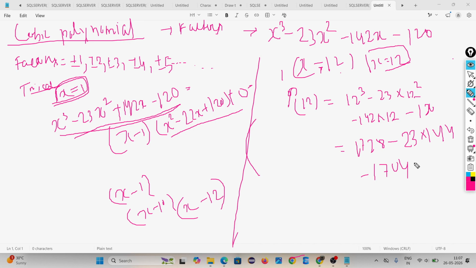Am I making any mistake? 12 into 12 into 12, 1728. Is this plus or minus? Check once in the book. Minus 142x or plus 142x?